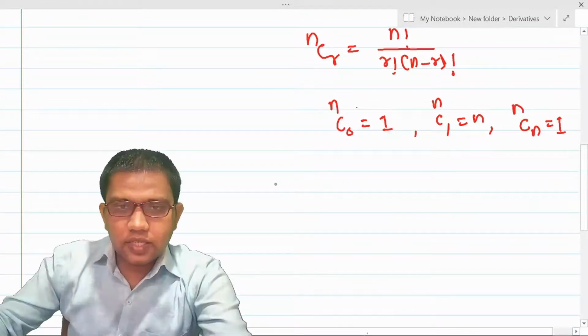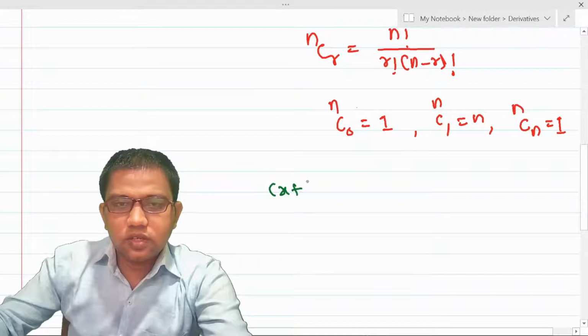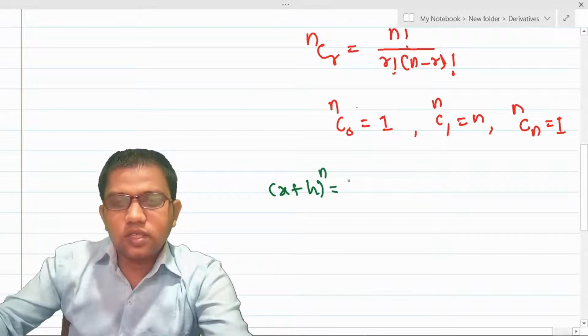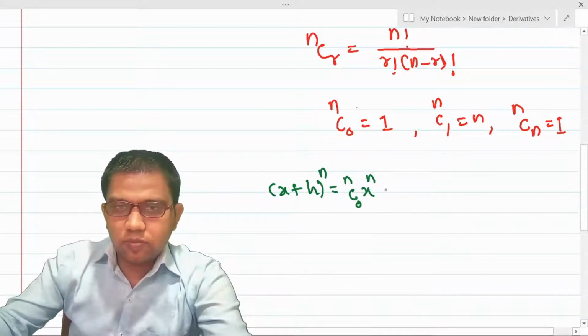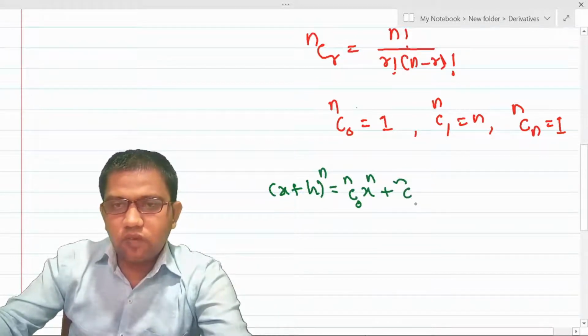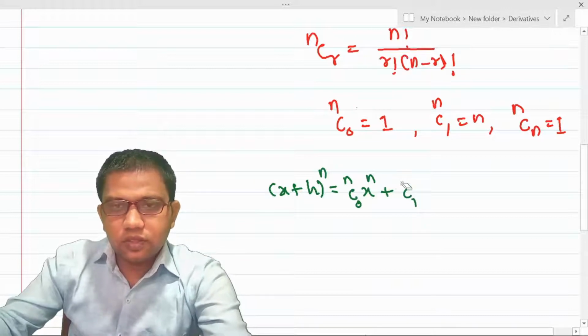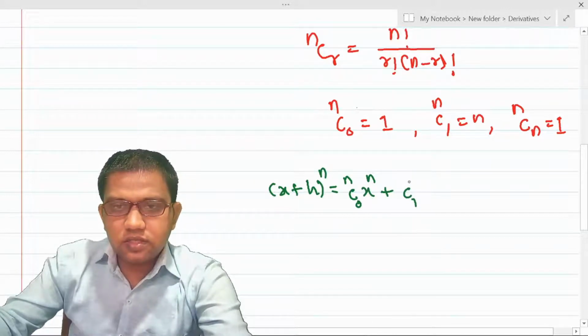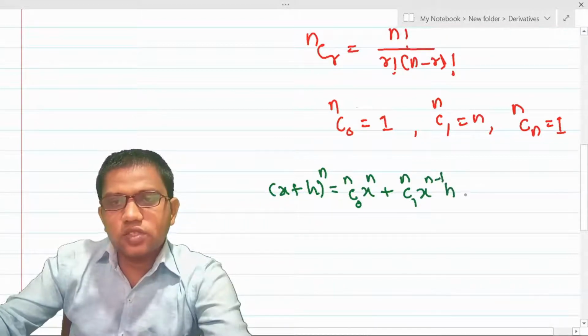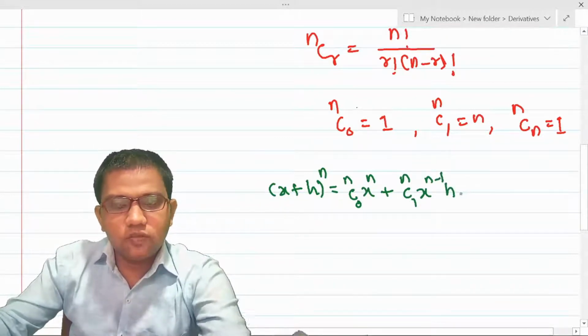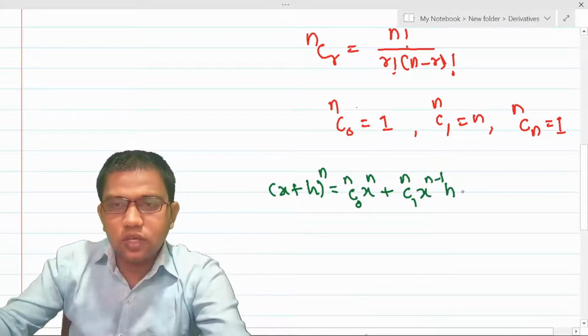See, (x plus h) raised to n is nothing but nC0 x raised to n, h raised to 0 is 1, plus nC1 x raised to n minus 1 into h raised to 1. The power of h is increasing now.